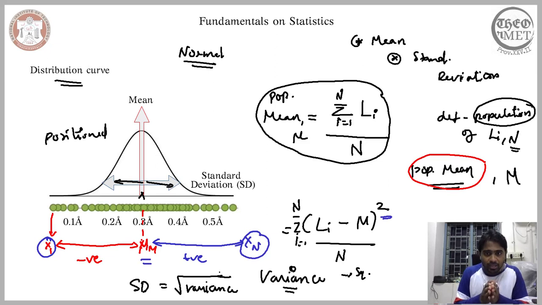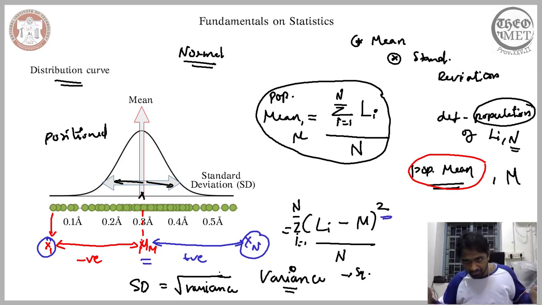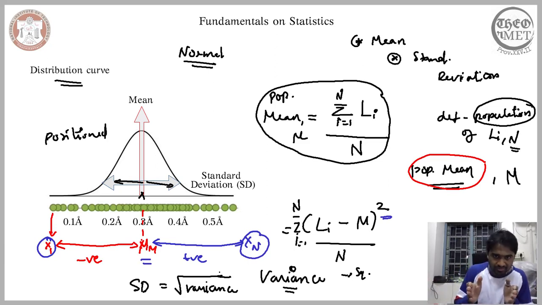However, since we have negative distances and positive distances, in order to avoid the cancellation of negative distances by positive distances, we introduce the square term. So when I introduce the square term, what we are then estimating is the square of the distance between the mean and the individual alloy lattice parameters.